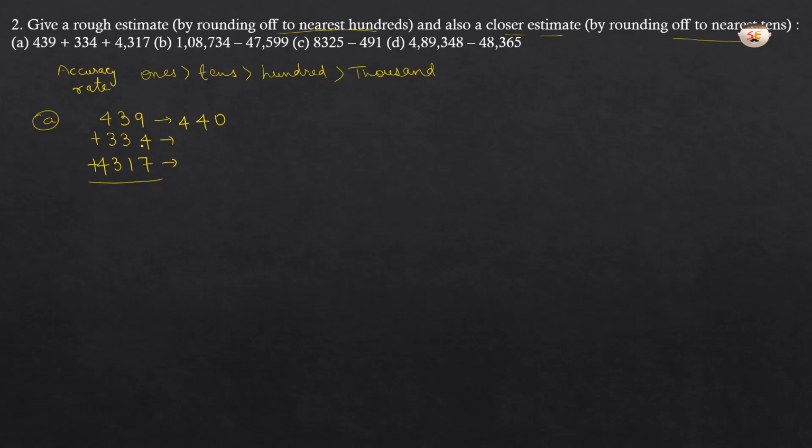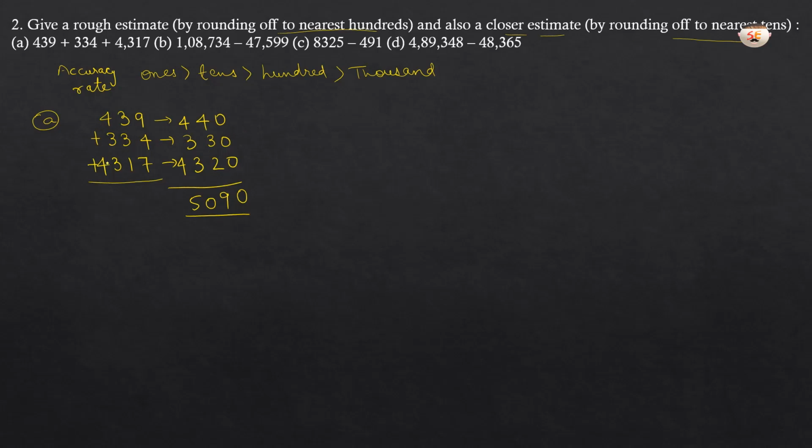After rounding 334 correct up to the nearest tens, we will get 330. And rounding 4317 correct up to the nearest tens, we will get 4320. After adding these three numbers, we will get the answer 5090, if we round up to the nearest tens.